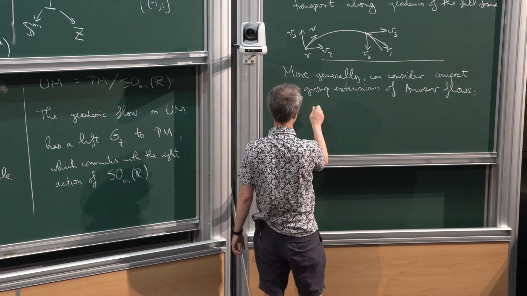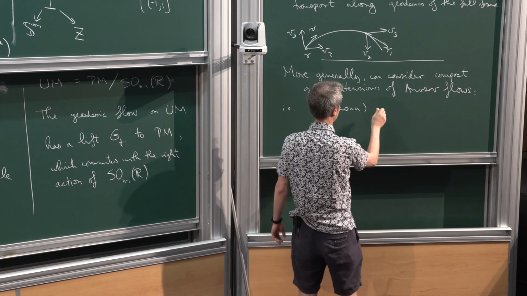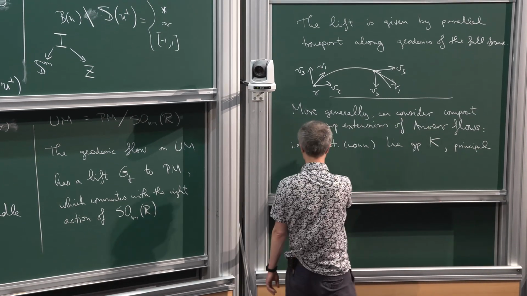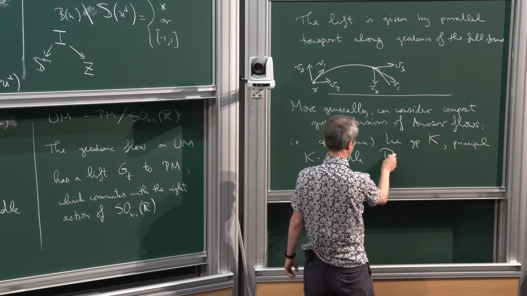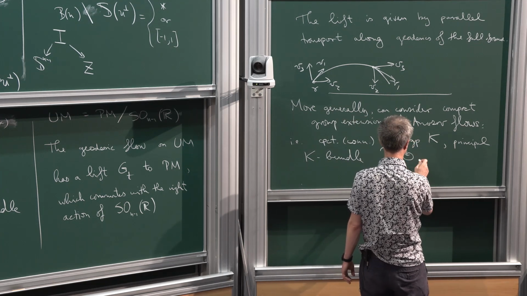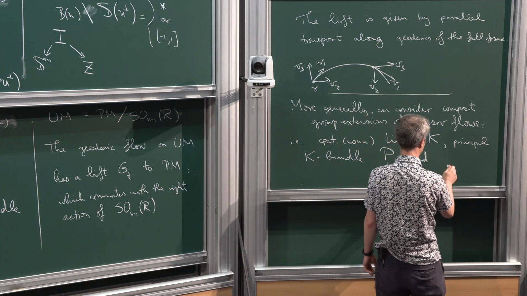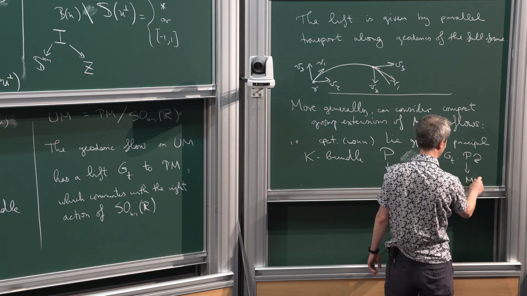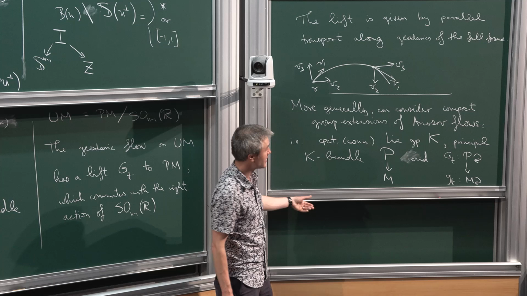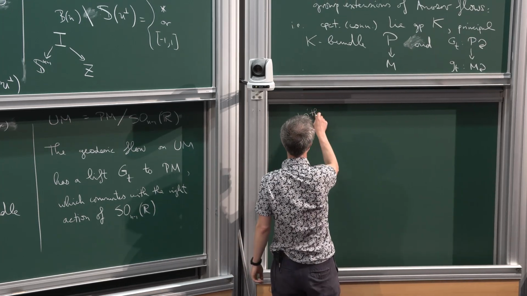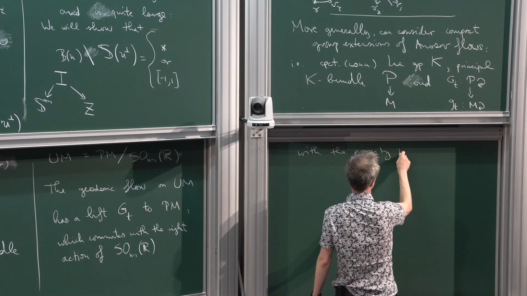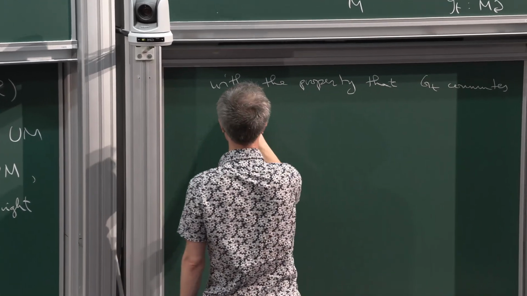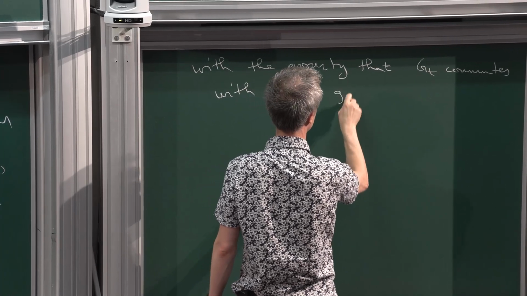We have a compact Lie group, maybe even connected if you want, K, and a principal K bundle P over M. And here we have a flow G_t acting on P, and little g_t acting on M. So we have these flows, with the property that G_t commutes with K, and little g_t is Anosov.